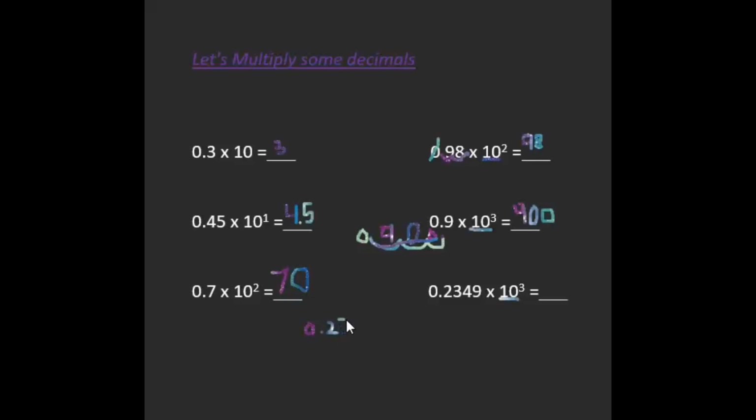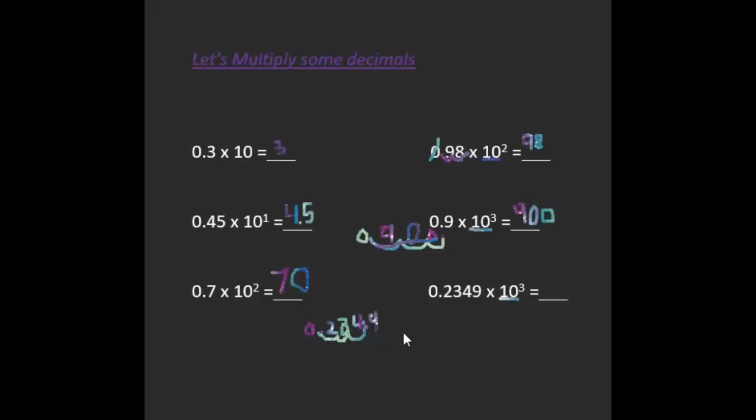So 2, 3, 4, 9. Okay, sorry, I was just reading out the number. Okay, so now we can start moving the decimal point. So remember, it's 1000. So 10, 100, 1000. Okay, so now the decimal point comes right here after the 4 but before the 9.